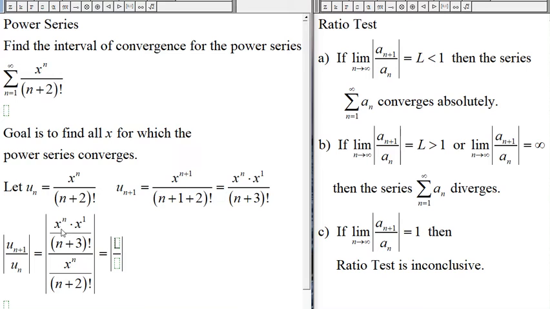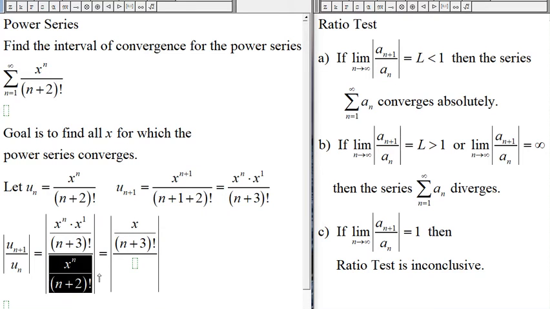Notice right here we have x to the n, that will drop out, they will cancel out. And so what's left for the top is just x divided by (n plus 3) factorial. And then right here, nothing, so we put a 1. For the bottom, x to the n canceled out, so there's nothing here, so we put a 1.